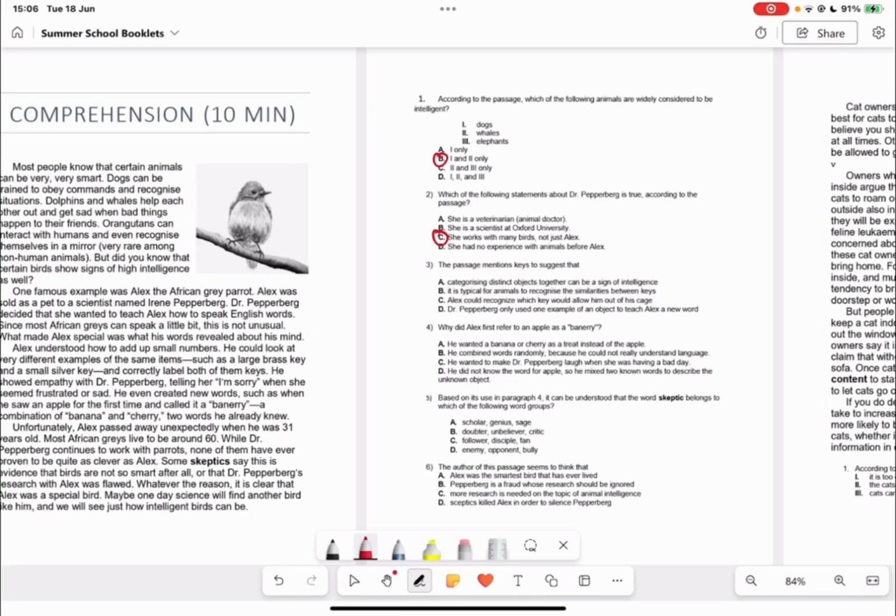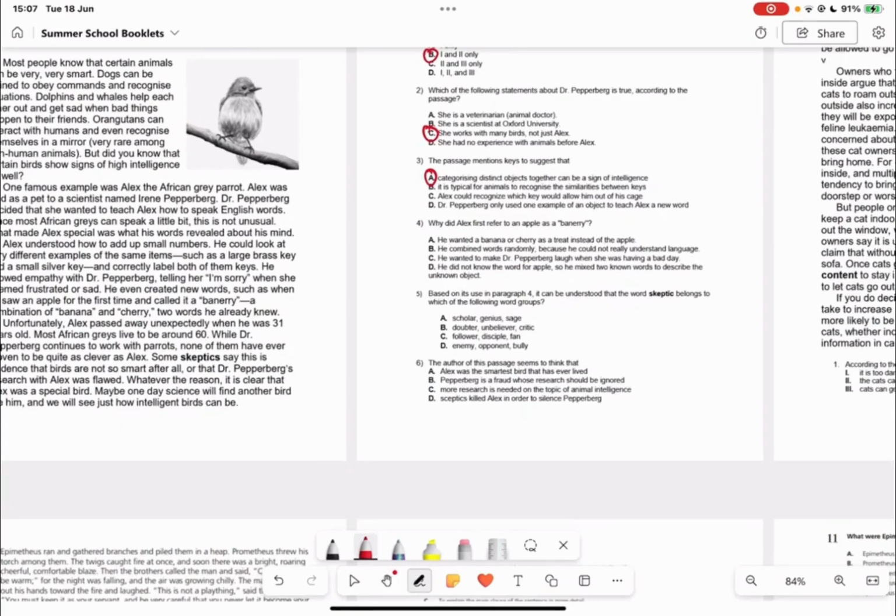So the answer to question 3 will be that categorizing distinct objects together can be a sign of intelligence, because it's saying that he recognized an apple as a banana and cherry, or how he recognized that the two keys were both keys. So categorizing distinct objects together can be a sign of intelligence. And that's what makes our answer A.